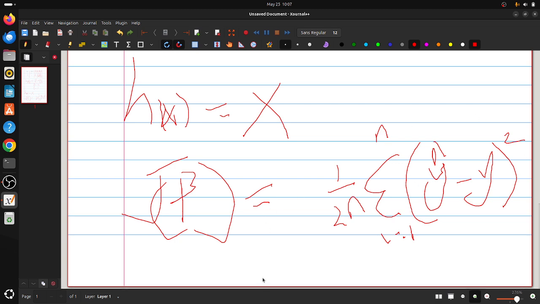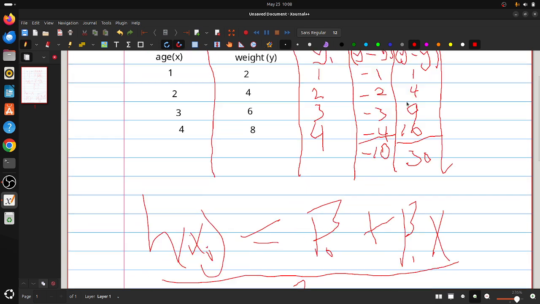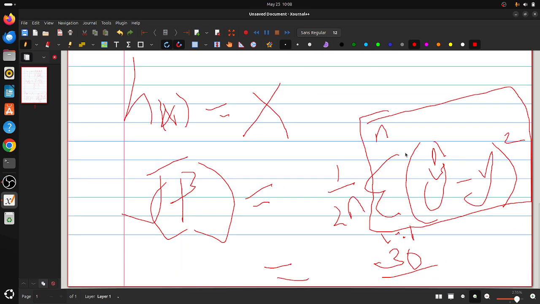So my cost function will be equal to 30, which is this, as we have seen up there, over 2n. Our n is equal to the number of rows for this case, which is 4, the number of the data set. So 4 times 2, which is 8, so 30 divided by 8.